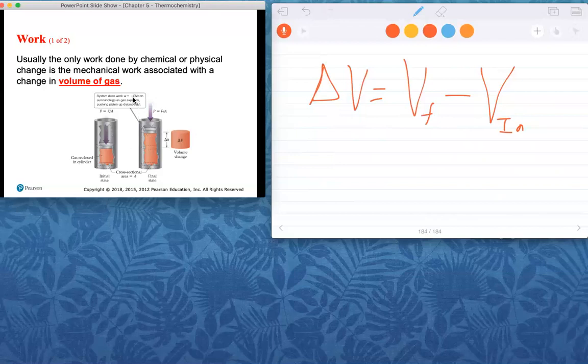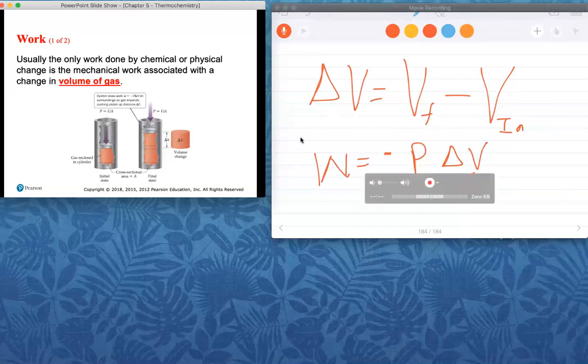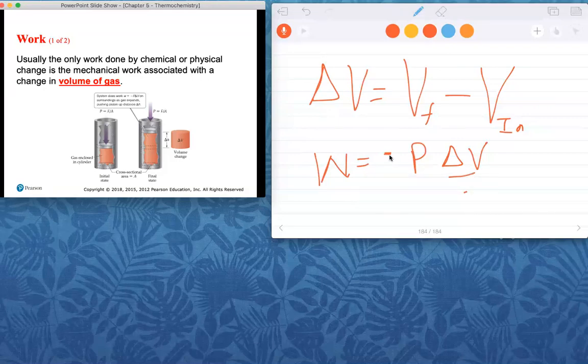If I have this equation, work equals negative PΔV, and the change in volume is negative, then negative times negative gives a positive. So just subtract final minus initial. If you end up with a negative, you multiply by the negative sign and it's positive. That's what you need to remember.